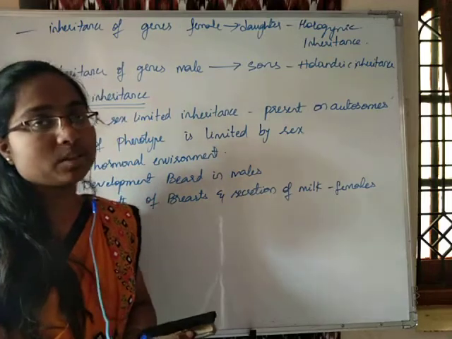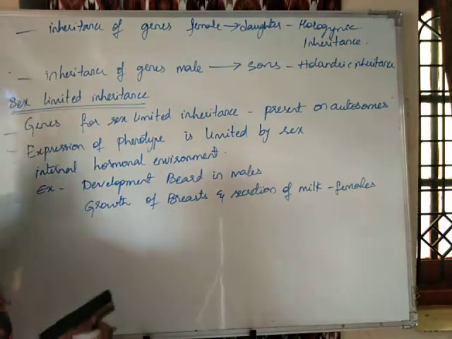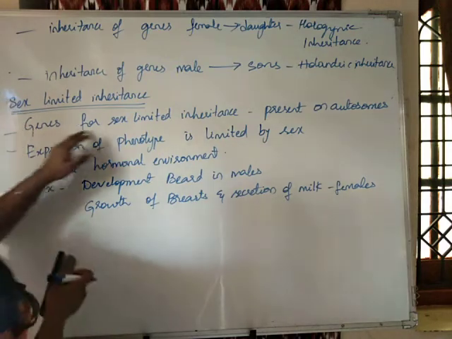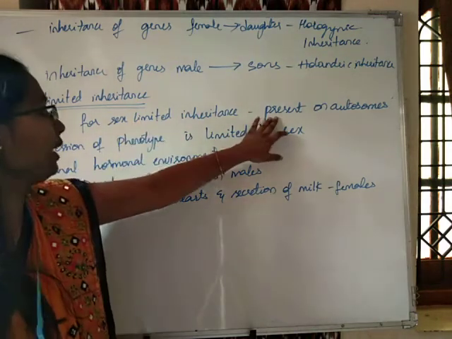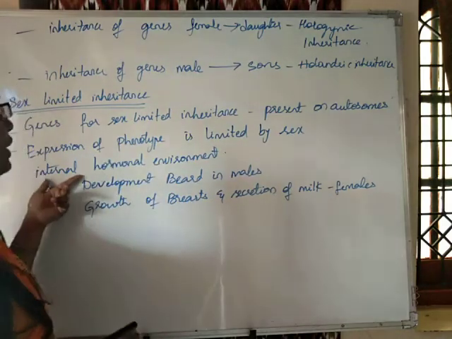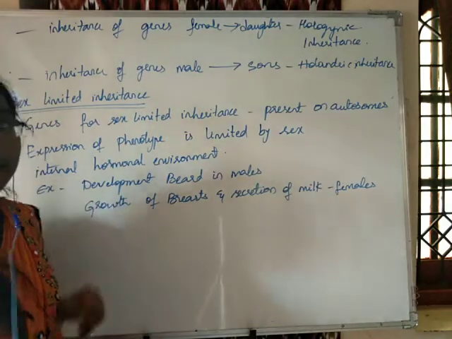These are the examples for sex-limited inheritance. These are genes present on the autosomes only, and the expression of the phenotype is limited by the sex because of the internal hormonal environment.